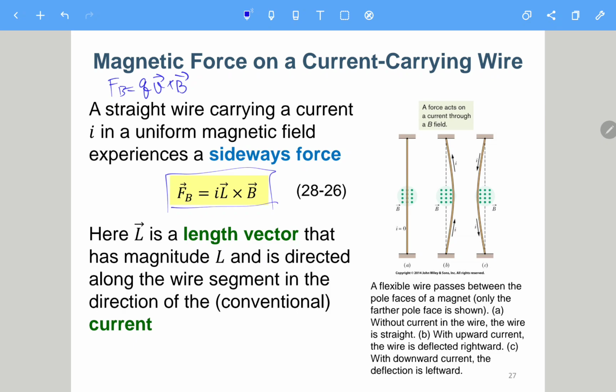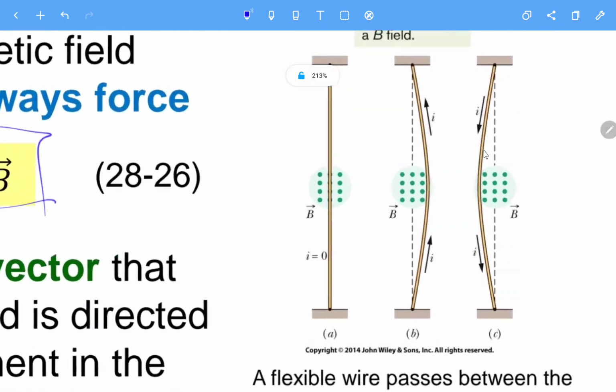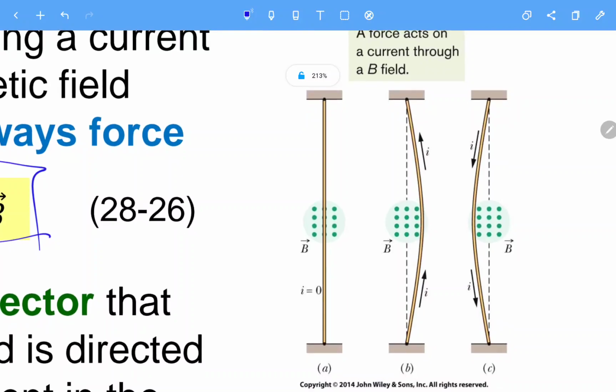So what does it mean? Let's take a look at this figure. For figure a, we try to fix a wire here. So here and here are fixed, so these 2 points cannot be moved. But the wire is soft, so it may be able to bend.